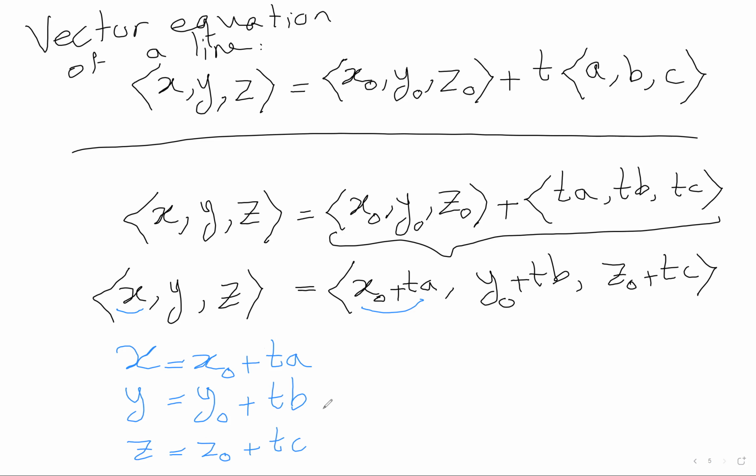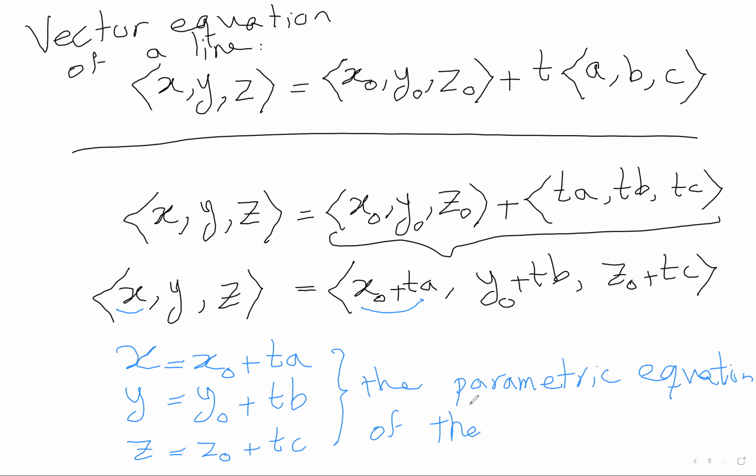But as t changes, we get three coordinates of a line in three-dimensional space. This form of the equation, where x, y, and z are given in terms of t, is called the parametric equation of the line.